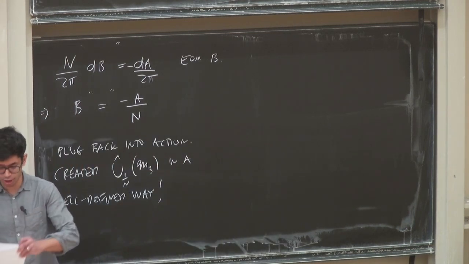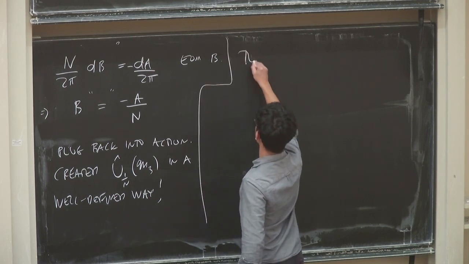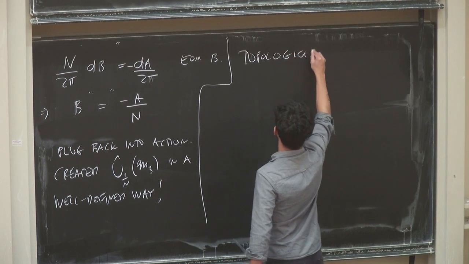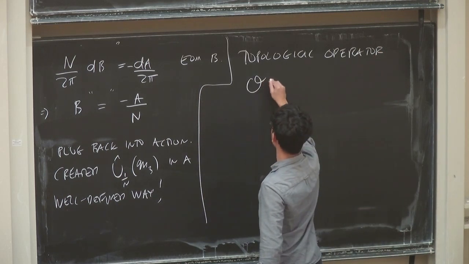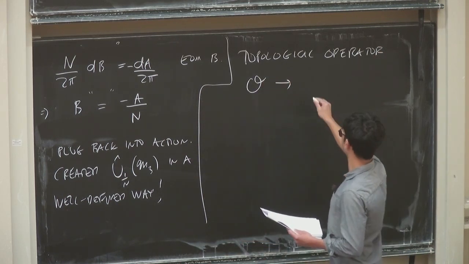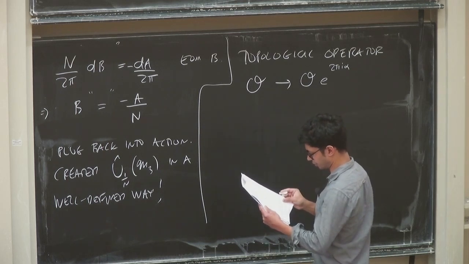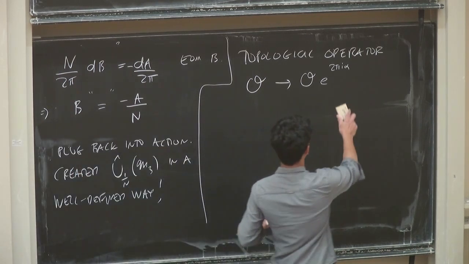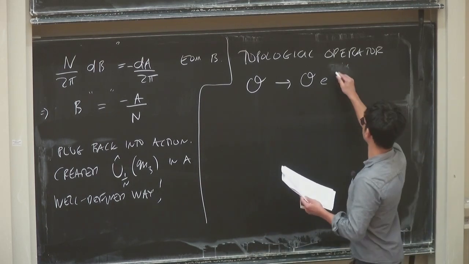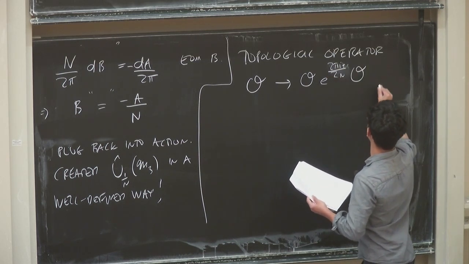In particular, this object is a topological operator that rotates local operators O by O times e to the 2 pi i q over 2n, for any n.